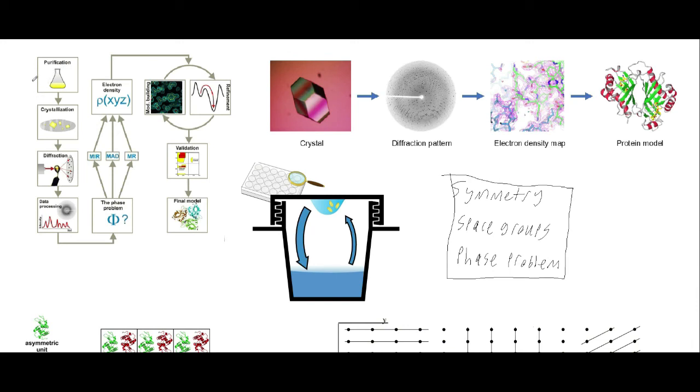Then the next step is we want to crystallize it, which would turn it into something like this. To do that, a very common method is what's called the hanging drop method.